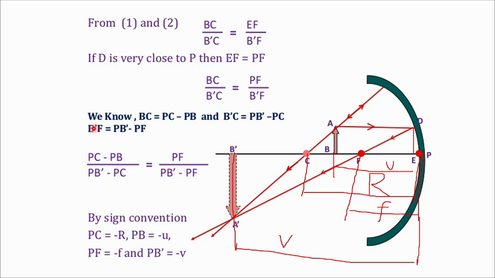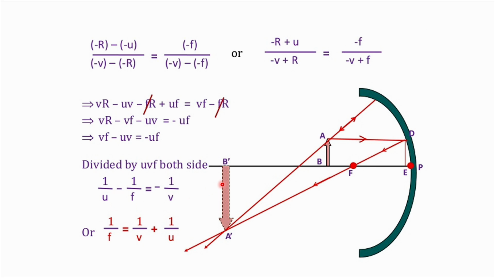Substitute these values in this equation. So, substitute minus R, minus of minus U divided by minus V, minus of minus R equal to minus F divided by minus V, minus of minus F. Simplify that equation.